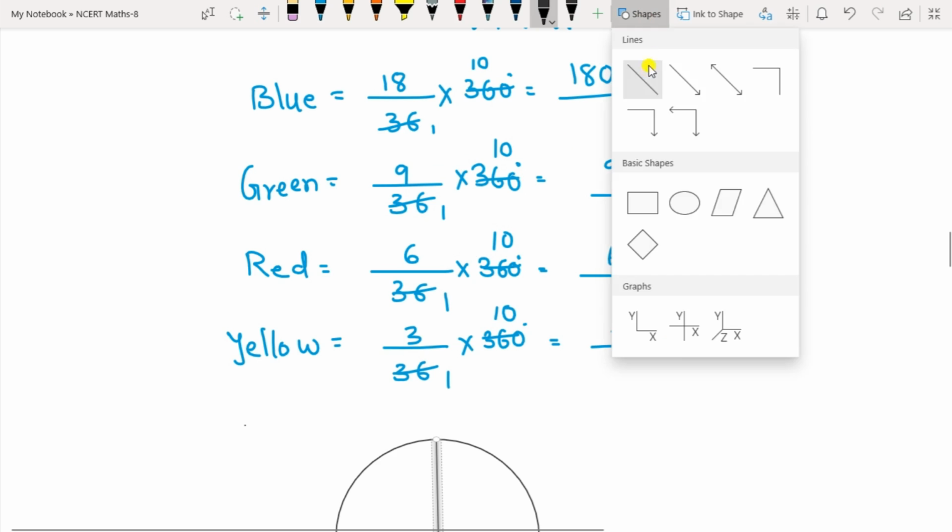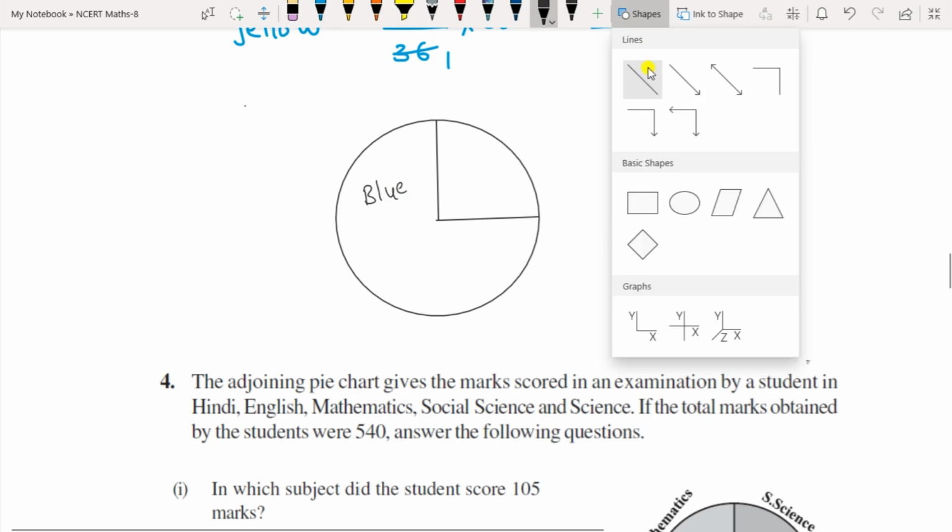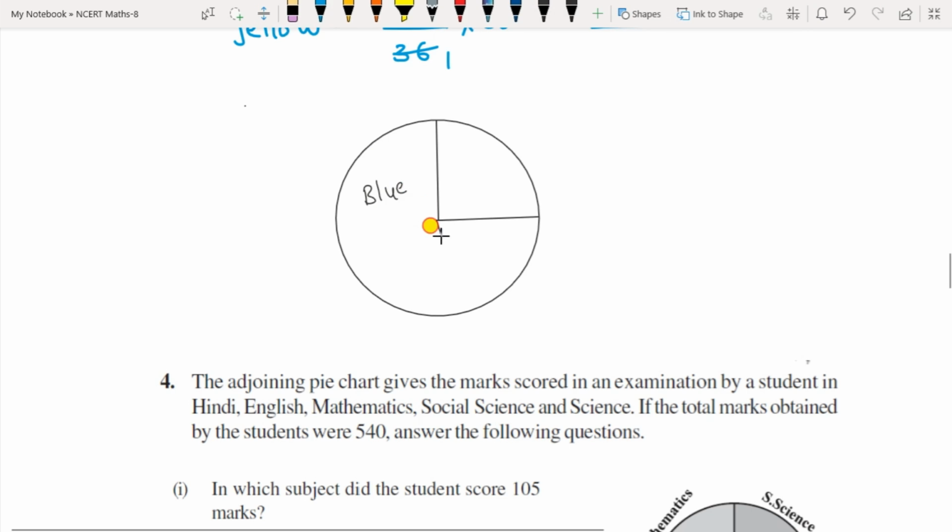So this whole side will be blue. This is not perfect 180. So this is blue, 180 degrees.